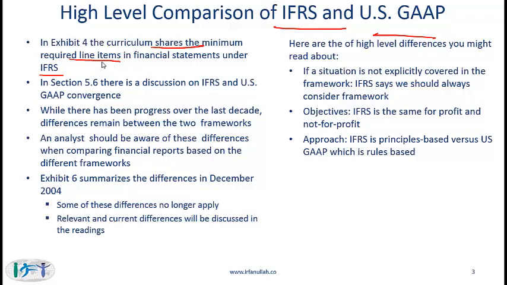There isn't a comparable exhibit for US GAAP. Then there is a discussion on IFRS and US GAAP convergence, and the point there is that these two standards are moving towards convergence. So even though there is a movement towards convergence, there are still some differences that we need to be aware of.